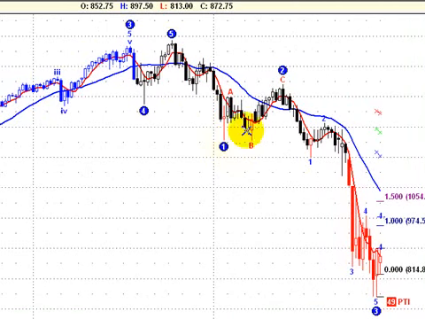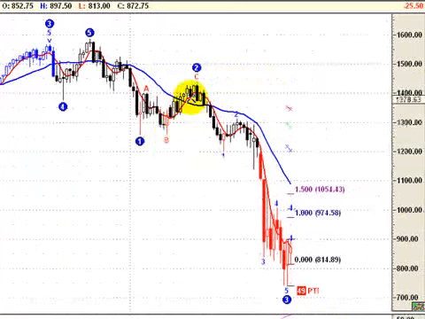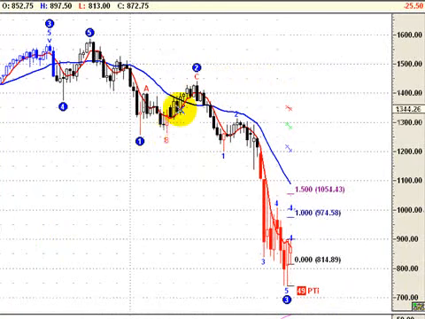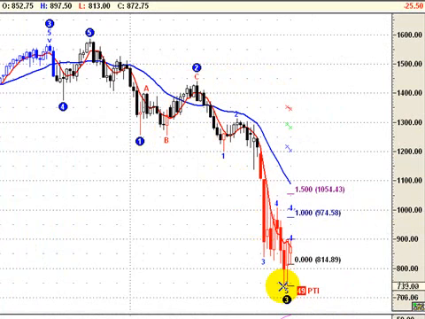So if this is your first wave, this would be a shorter wave 2 if you prefer, in a weekly chart, and this would be a completed third wave. If this is the case, we have wave 1, 2, 3, 4, and 5.